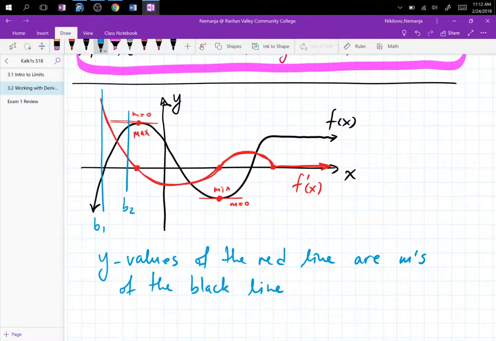Red line measures the change. So the more the black line changes, the steeper it is, the bigger the number you have as a derivative. So at B1, if the derivative is 20, then at B2 the derivative is 3. Something along those lines. So the steeper it is, the higher the derivative value.